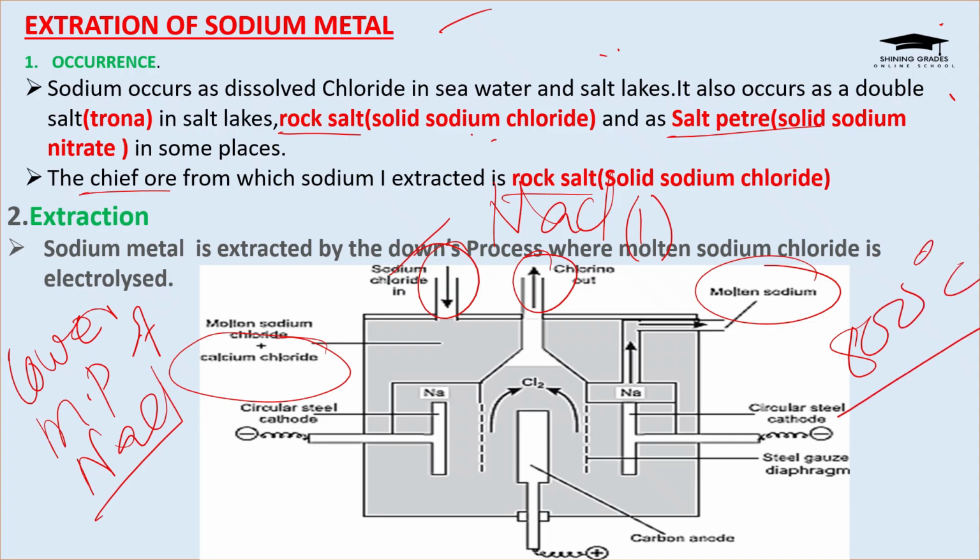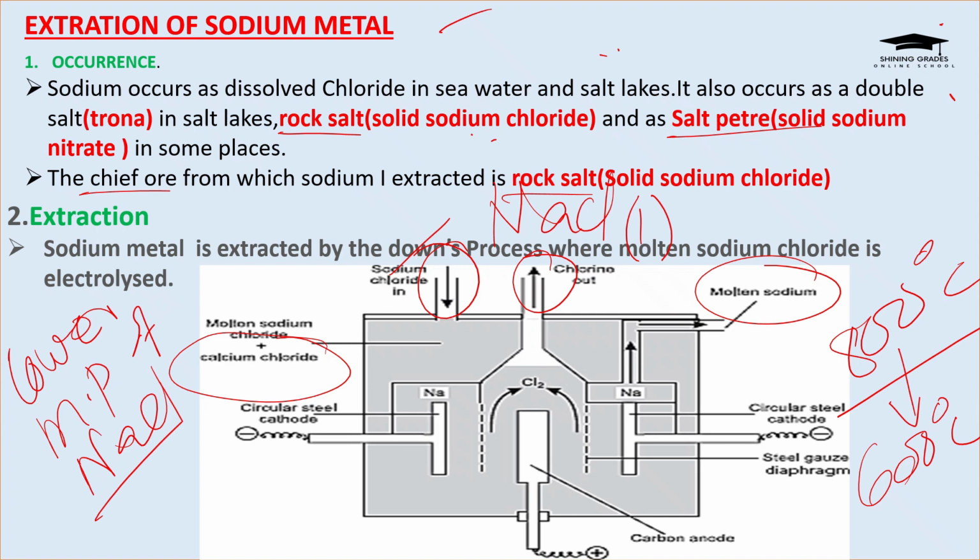And calcium chloride is added to that particular molten sodium chloride, and the melting point is lowered to 600 degrees Celsius.